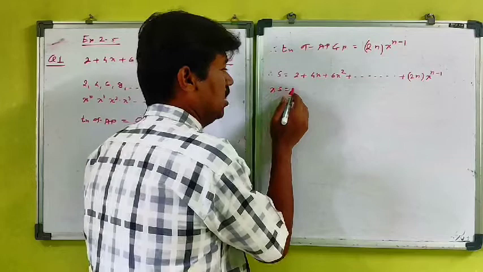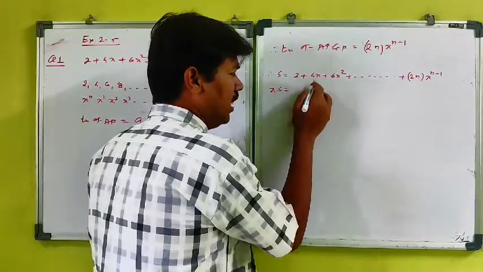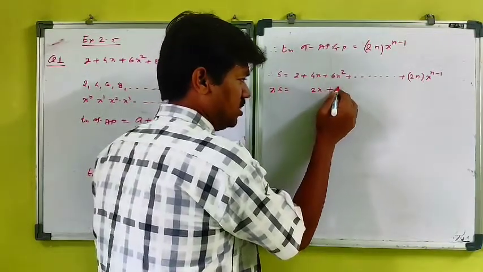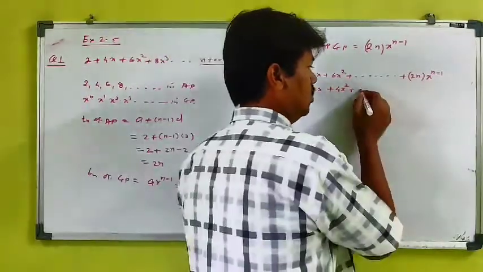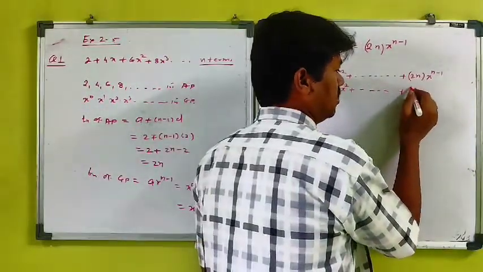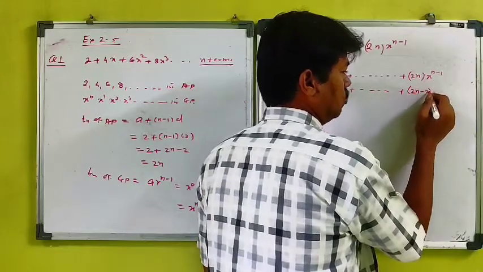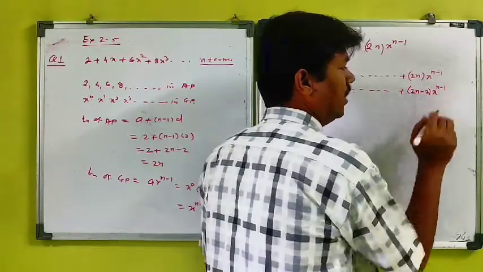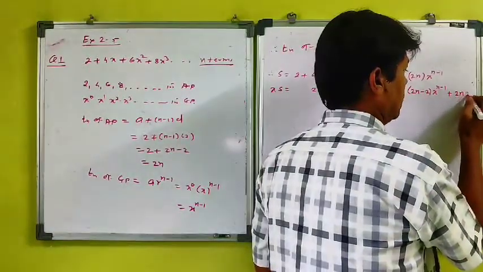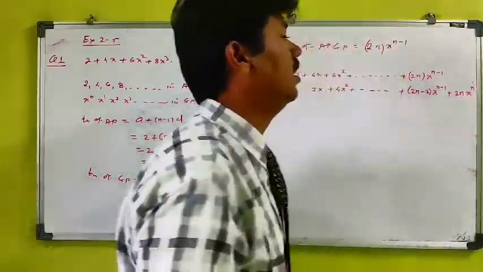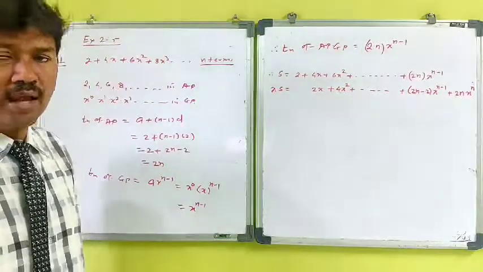So x into s. We will not write the first term; we will write here 2x, next 4x squared, and so on. One before the last term will be (2n minus 2) x to n minus 1. The next term will be 2n x to n.